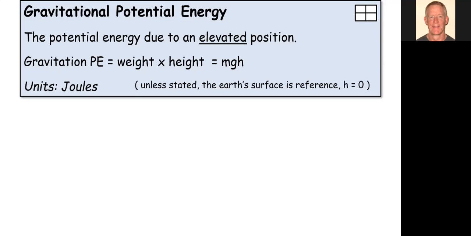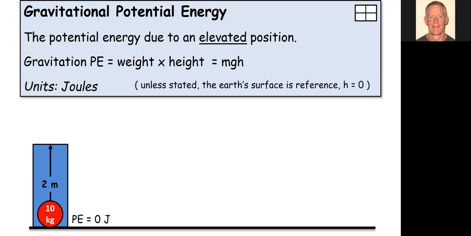So we're going to call the surface of the Earth a zero height, so therefore it would have zero potential energy at that location. So let's see if we can apply this to our example again. This time I'm giving you the mass of the ball and stating that it has zero kinetic or potential energy when it sits on the ground. Now we're going to lift it up again, those 2 meters.